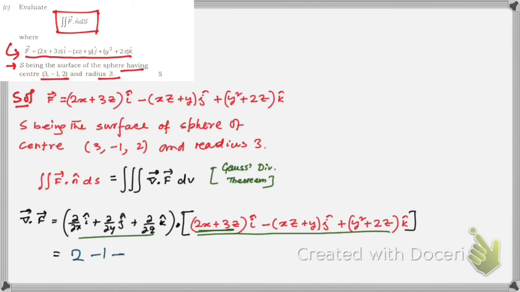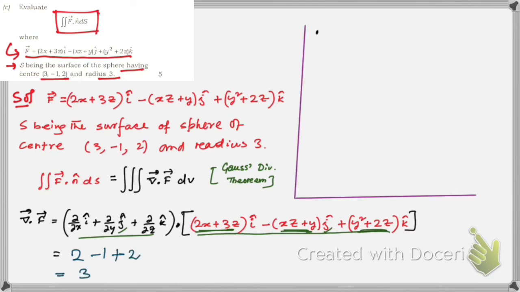Next, del y of this will be 1 only, 1 into j cap, then j cap again 1, right? Similarly, del z of that one will be only 2. So if you calculate this, it's going to be 3, right?